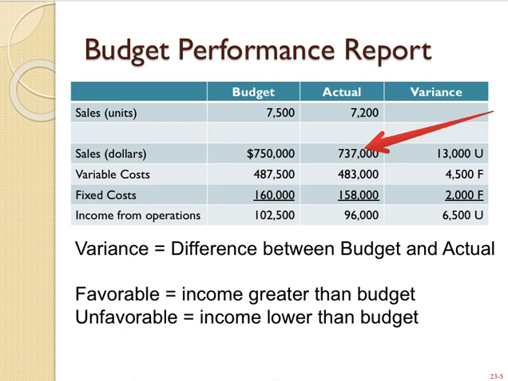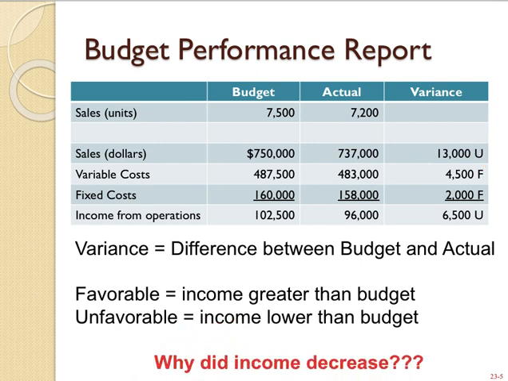So our revenue was less than we thought. Okay, for expenses, in that case, our variable costs were less than what our budget was. So we're going to say that that's favorable because lower costs lead to higher income, which is favorable.